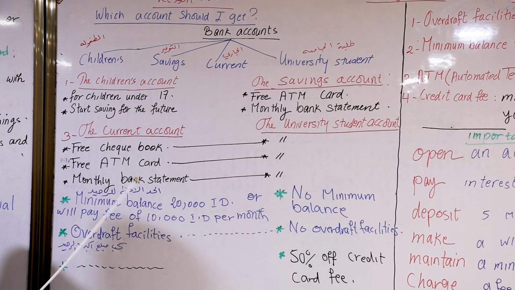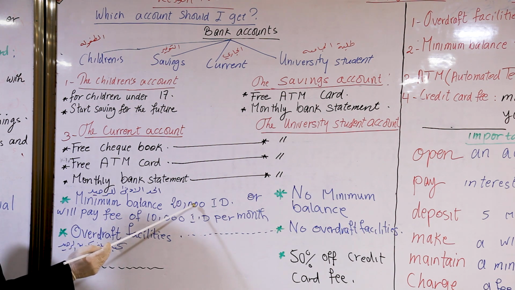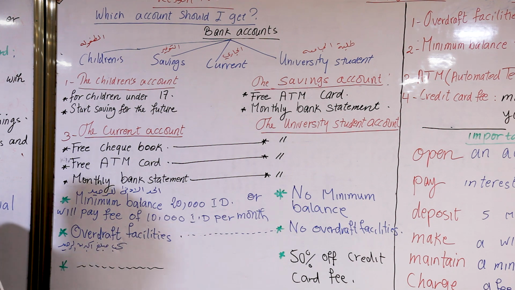If we put less than 20,000, we have to pay a fee, يجب أن ندفع غرامة of 10,000 ID Iraqi dinar per month شهريا. And if we don't want to pay this fee, we have to put 20,000 ID Iraqi dinar. So minimum balance shouldn't be exceeded.